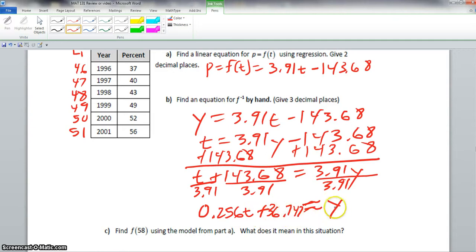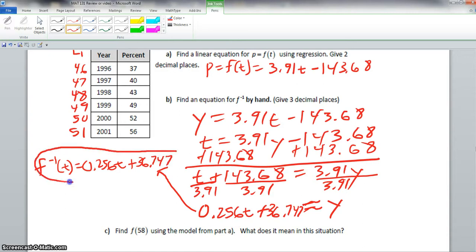Now we have to write this properly. So I'm going to write this over here. We'll write it as f inverse of t is equal to 0.256t plus 36.747. And this is our answer for B.